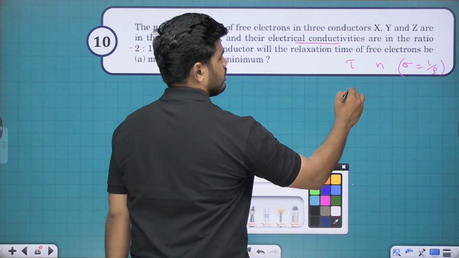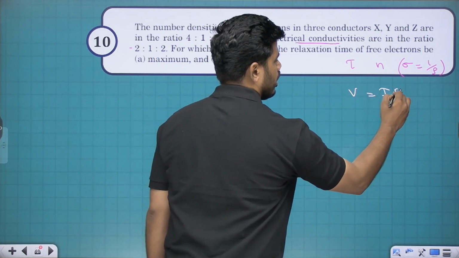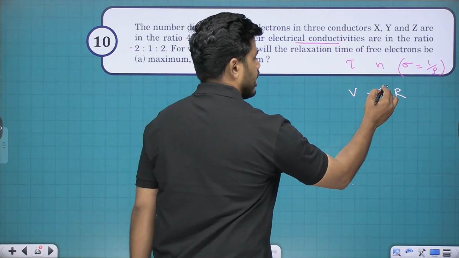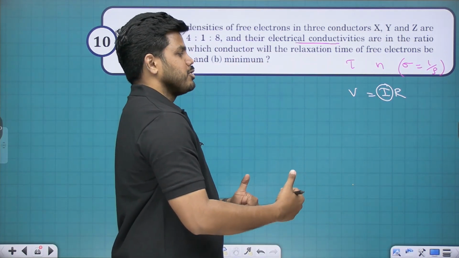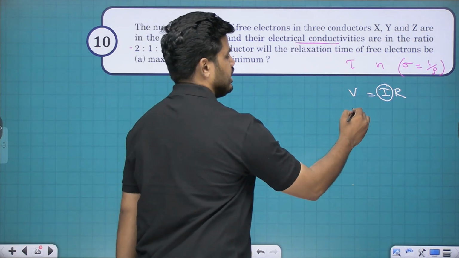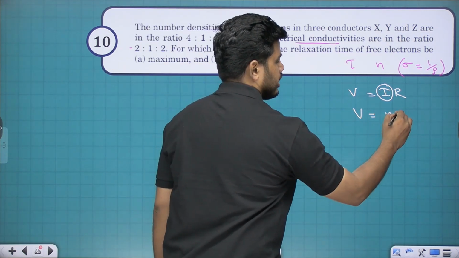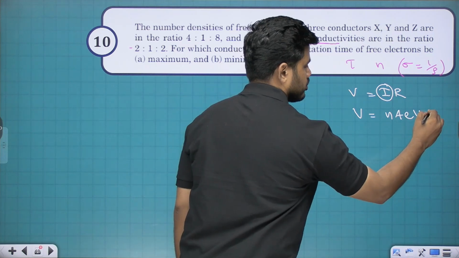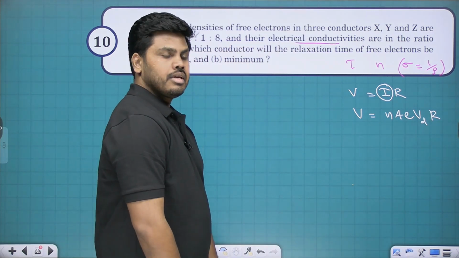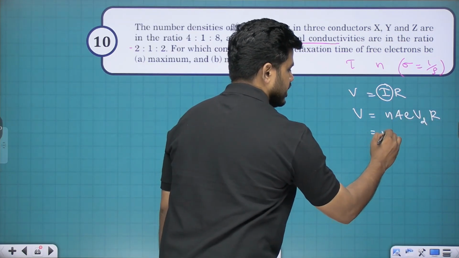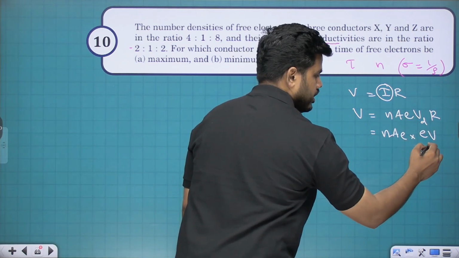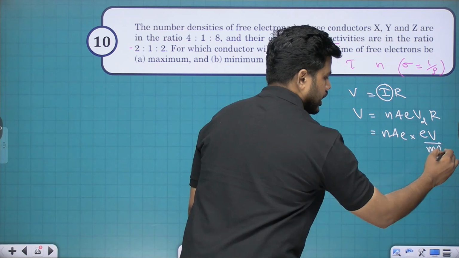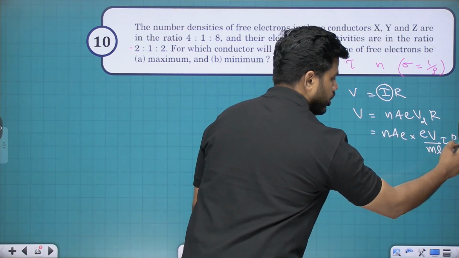From Ohm's law, V is equal to I into R, and I we write in terms of drift velocity: I is equal to nAe times drift velocity. And drift velocity is eV divided by m l into tau.